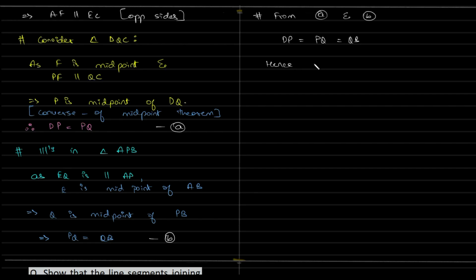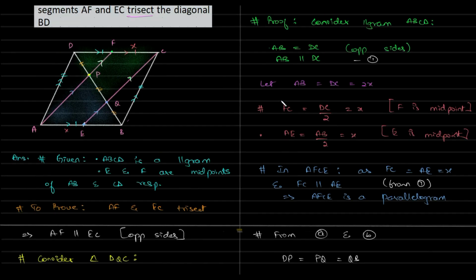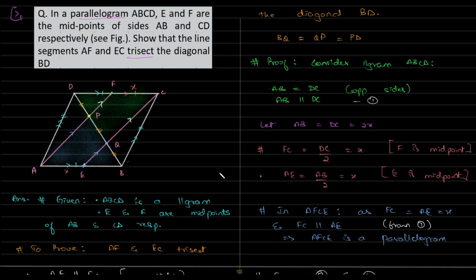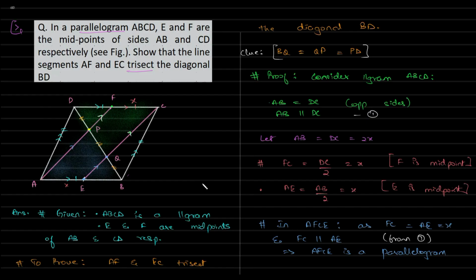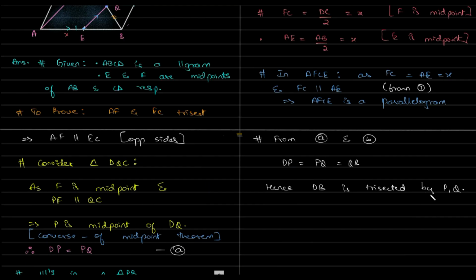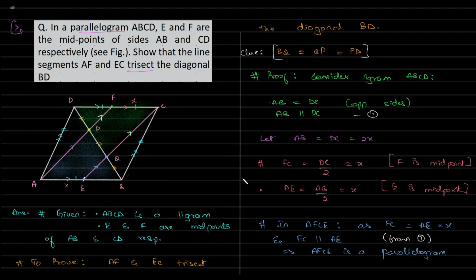Hence, DB is trisected by P and Q. That's it. So that's all you had to prove. This is the one we had to prove indirectly, and we did that, at P and Q. So this is your answer.